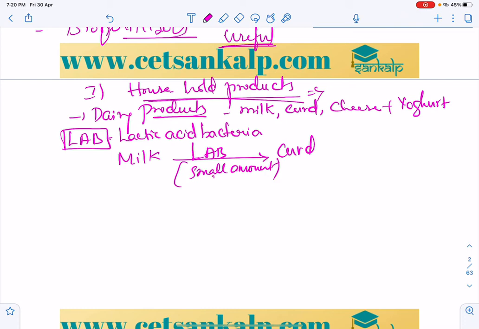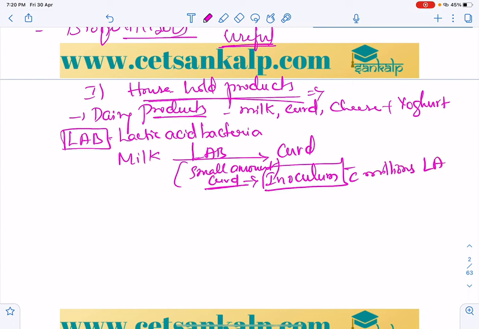That small amount of curd is used as a starter, which is called inoculum. It is a small amount of milk with millions of LAB, that is, lactic acid bacteria.